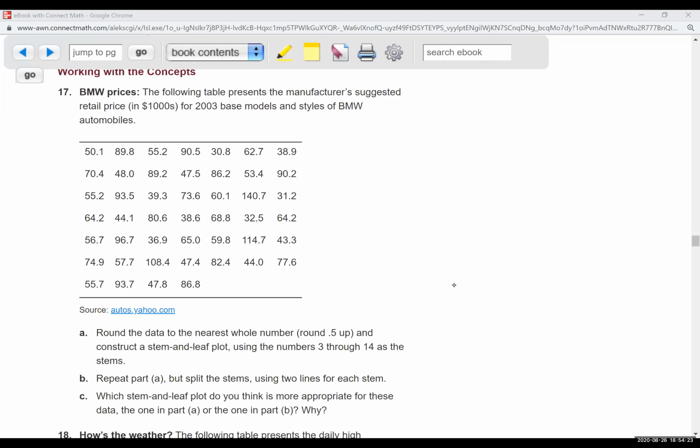No, we do it because it says on the problem, split the stems. You only do that when you see this. Split the stems, meaning you double the number. Okay, that's the only time we double it. The reason we are rounding off numbers here is because it says to round to the nearest whole number. Got it. That's part of the instruction. That's why we did it.